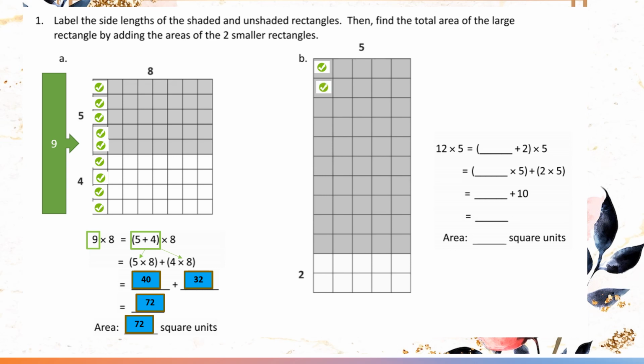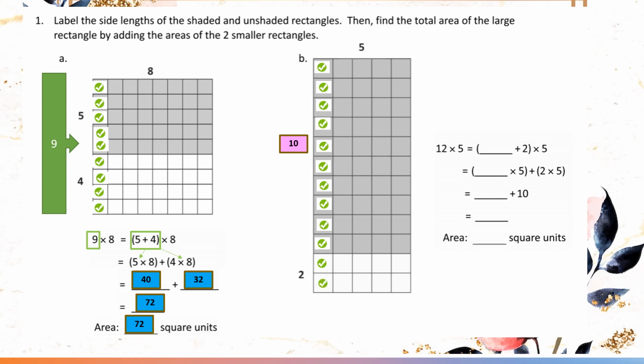1, 2, 3, 4, 5, 6, 7, 8, 9, 10. 10 in gray, right?